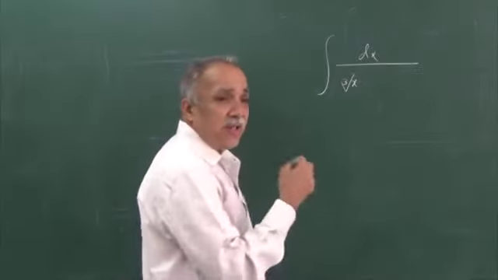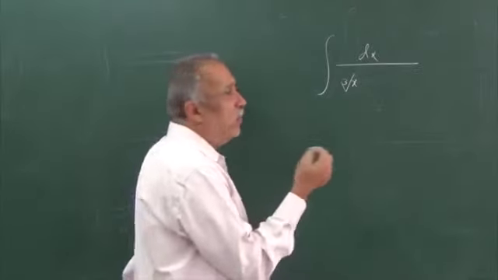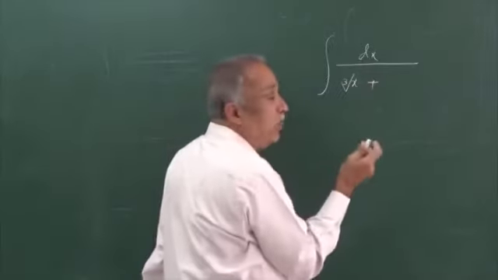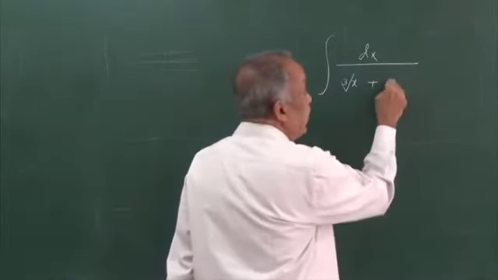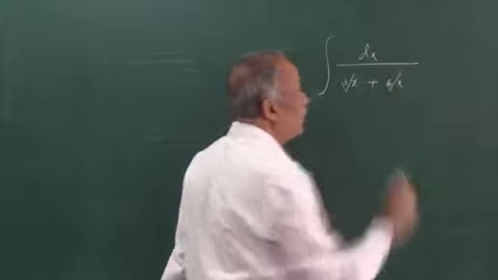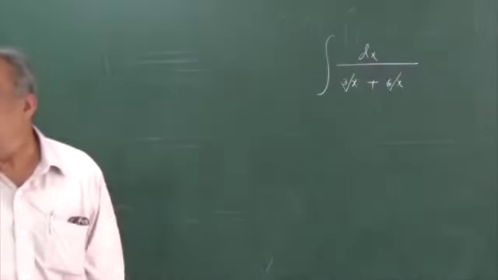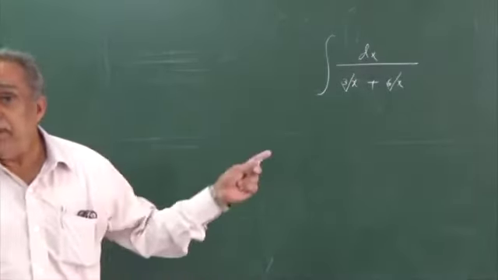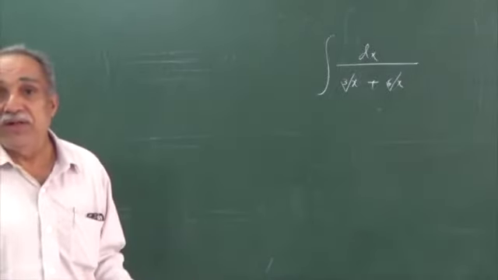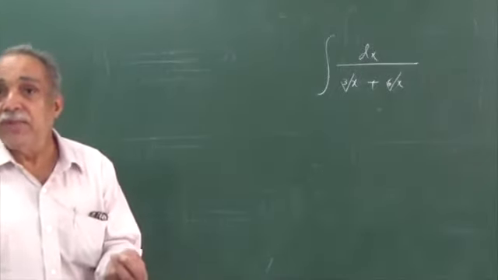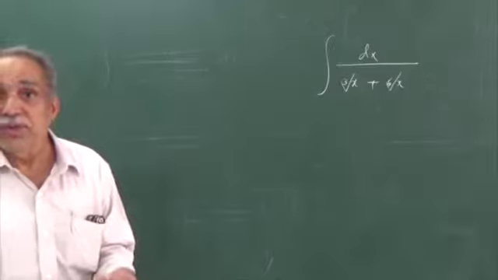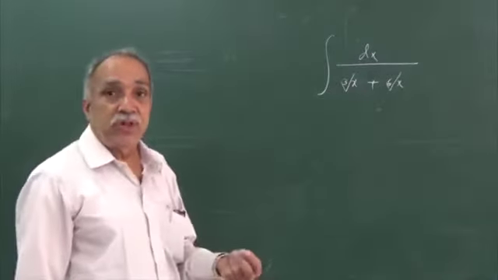Suppose now, just to make the situation slightly more complicated, I add one more irrational term to the denominator. Now the integration is not immediate. It is not immediately obtainable with the help of a standard result, but we can bring the integrand to a simpler form taking the help of a substitution.